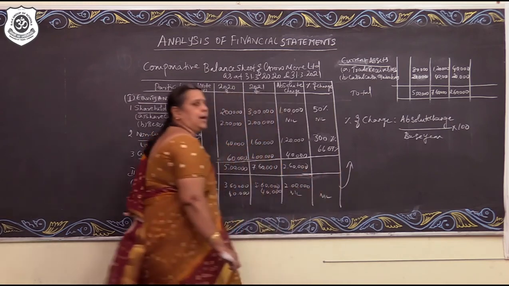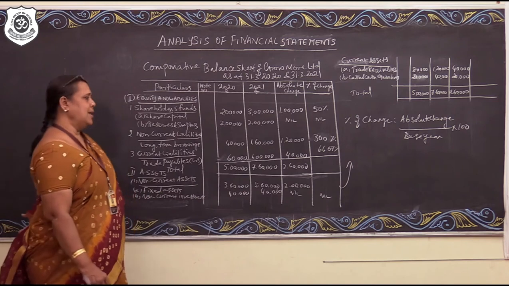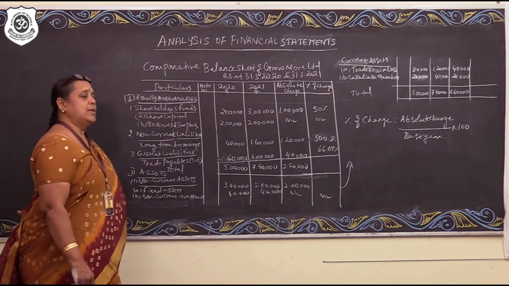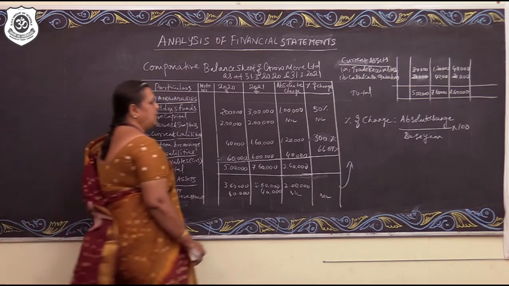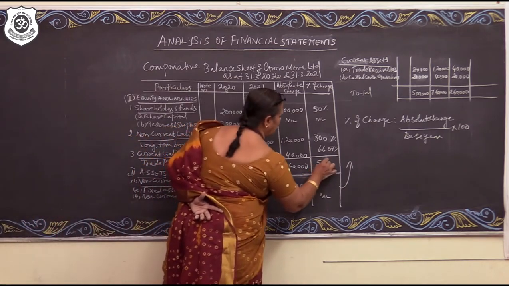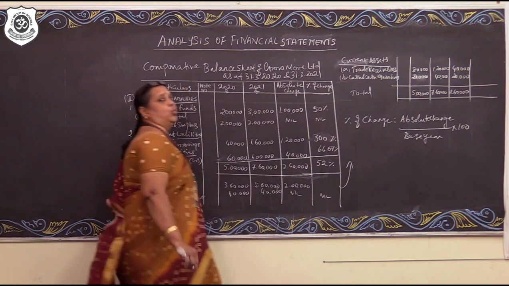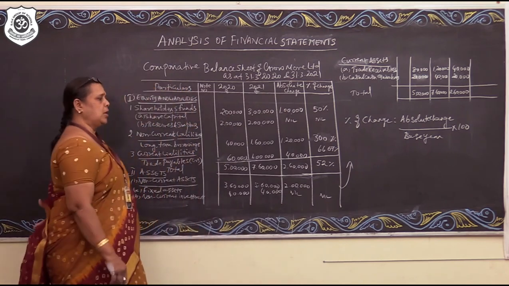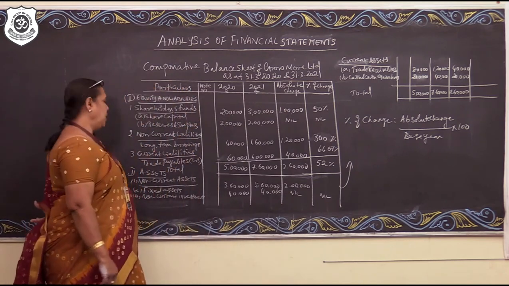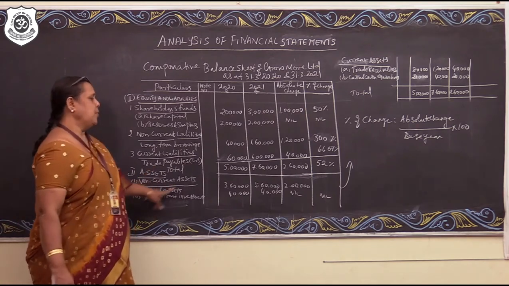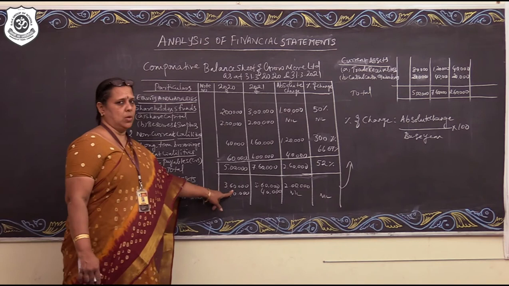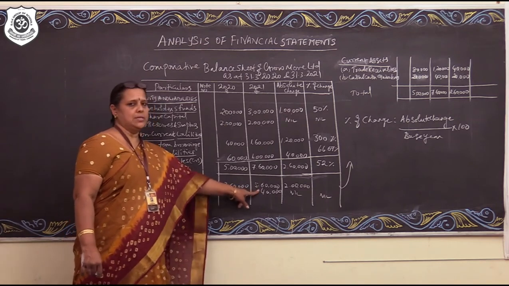Now, total of the balance sheet. Base year is 5 lakh rupees. Current year is 7,60,000 rupees. So there is an increase to the extent of 2,60,000 rupees, which is leading to a percentage of increase of 52%. Now coming to next one, non-current assets. Fixed asset, opening balance is 3,60,000, closing balance is 5,60,000.